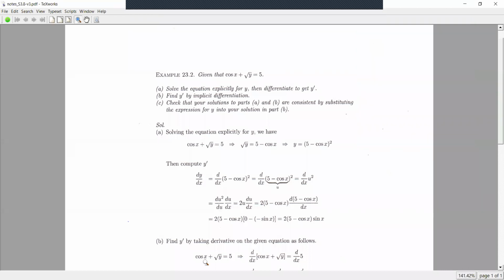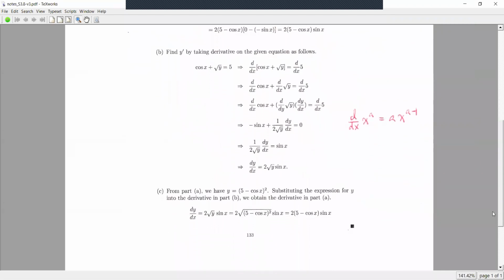Now, take the derivative on both sides of the given equation. The derivative on the left-hand side is a sum. Cosine of x is a function. Y is a function because y depends on x. So square root of y is a function.